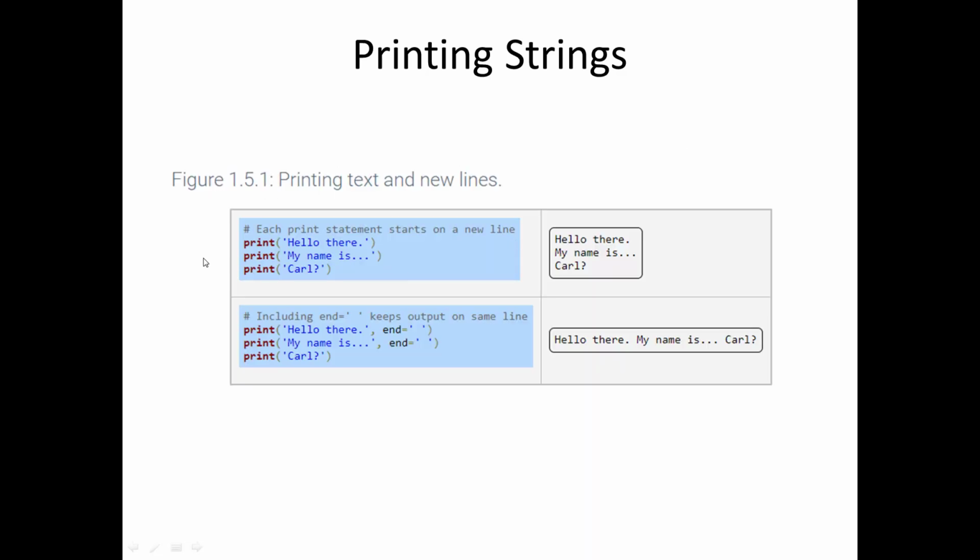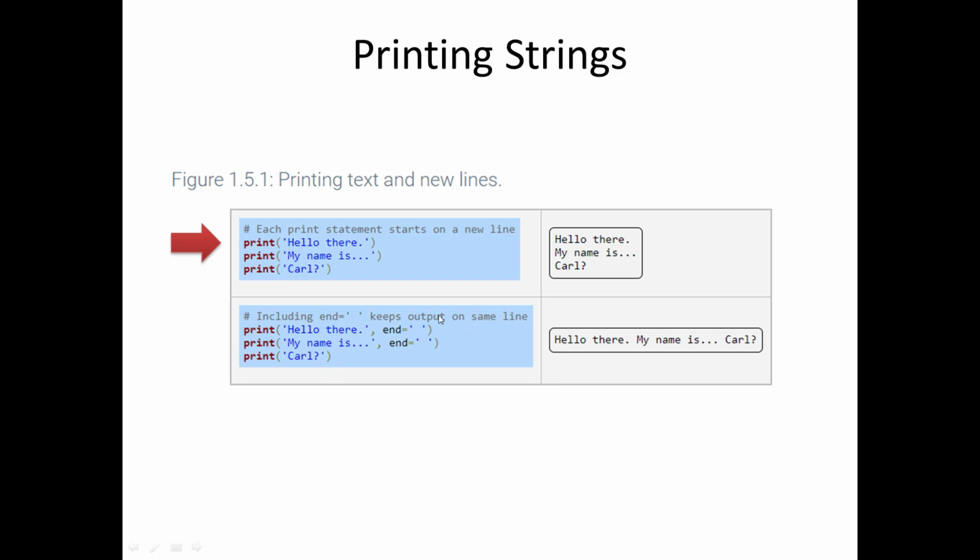Here's an example of this. So in this first statement, we have 3 print statements that's printing 3 separate string literals. Notice, this is the default value. They're on different lines. If we include this end equals quote mark, that's going to keep these values on the same line.